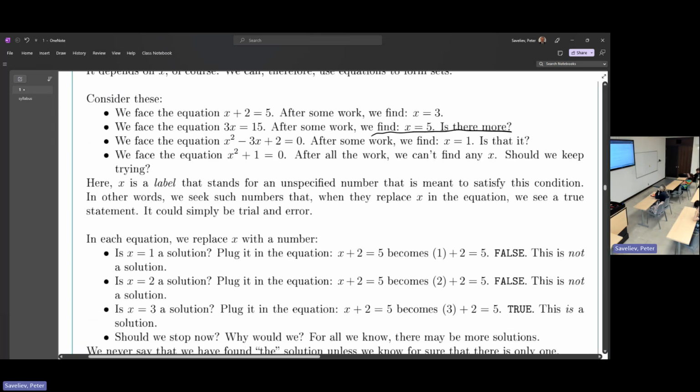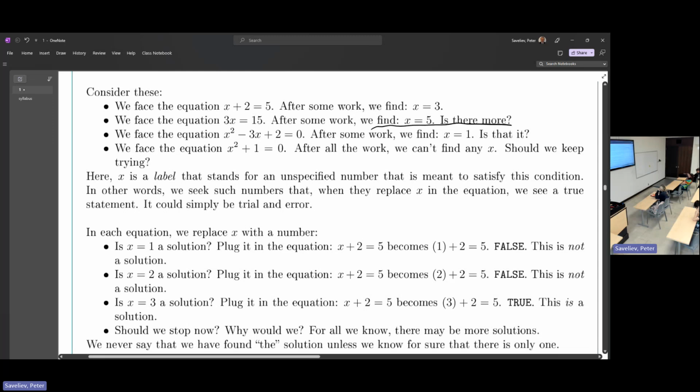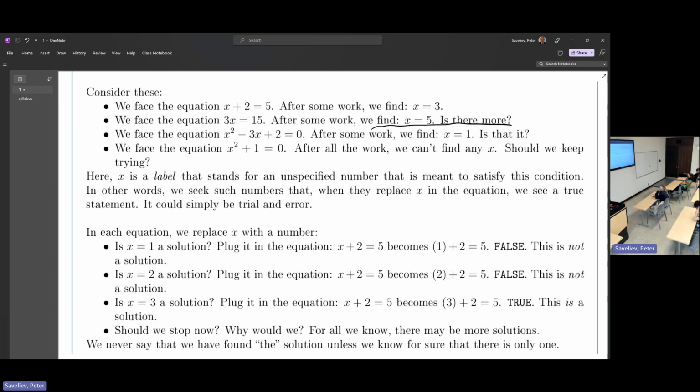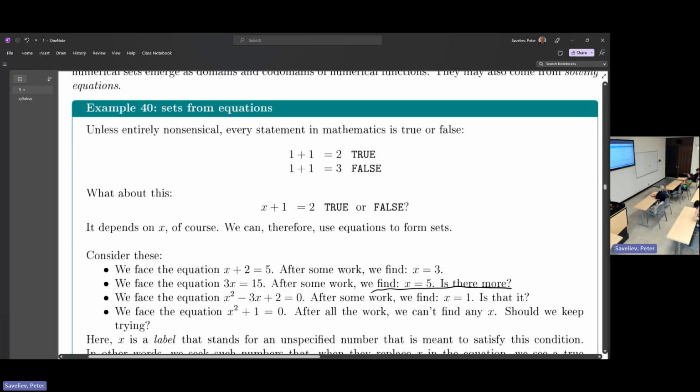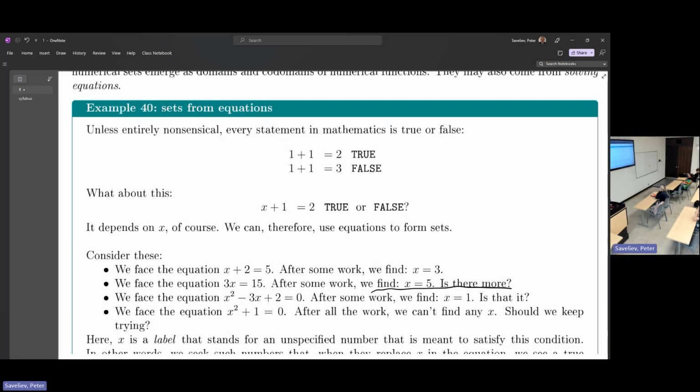And so to solve an equation, you can imagine that you are plugging in the values, and every time you test it for being true or false, just like this: 1 plus 1 is 2 is true, 1 plus 1 is 3 is false. Every time you have a statement, a proposition, if you like, because after all, the equal sign stands for 'is', so it's a sentence, and every sentence, if it makes any sense whatsoever, could be true or false. It's the worst when you have a sentence that makes no sense and is neither true nor false.